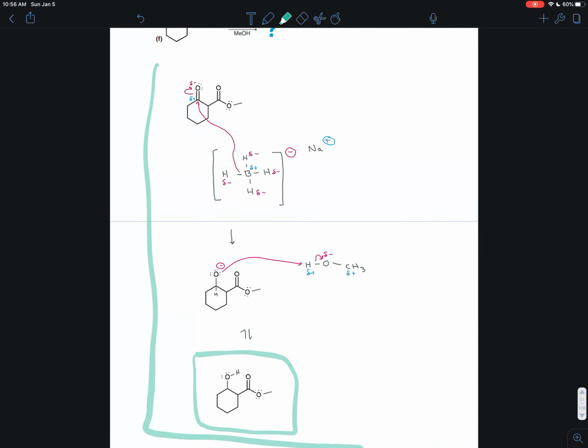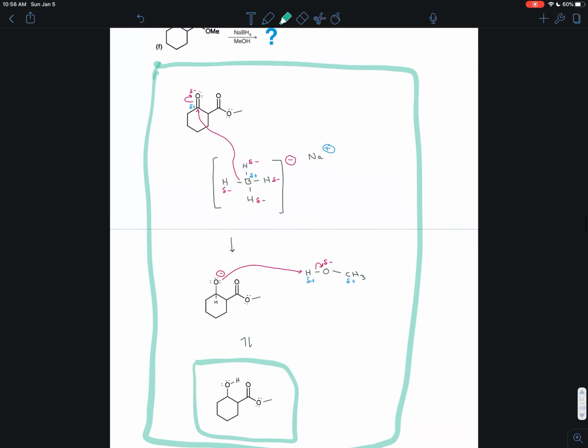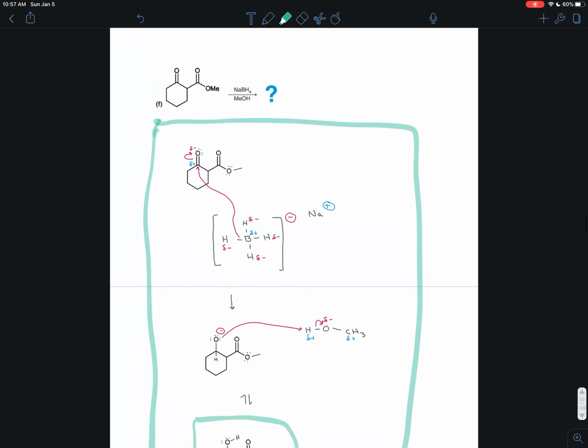And the whole thing would be the mechanism that you would want to include to describe how the reaction happens. So the mechanism is really the same as what we've seen before. The one thing you'd want to remember is that sodium borohydride is a weak reducing agent, and so will only reduce aldehydes or ketones. It will not reduce esters or carboxylic acids.